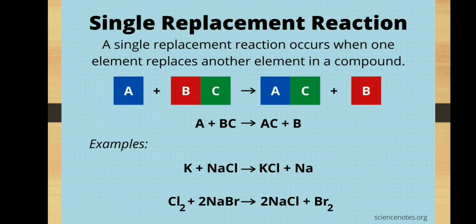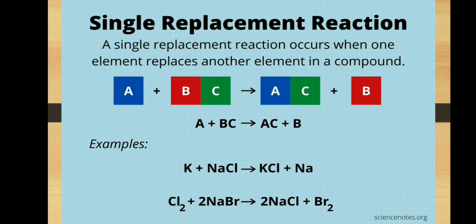Since the element C is the least reactive, siya ang i-replace. From here, in the potassium and the sodium chloride, si chlorine naman yung least na i-replace. Okay? So, the same as this one, ganun din siya.